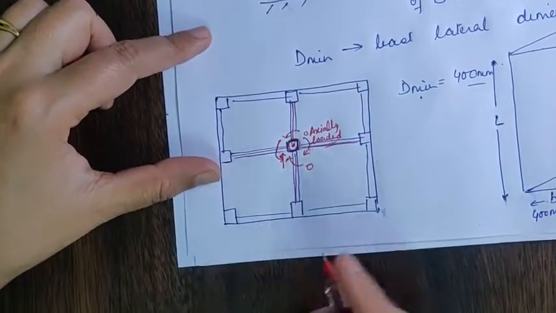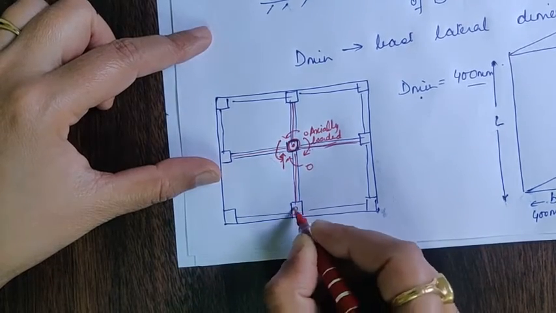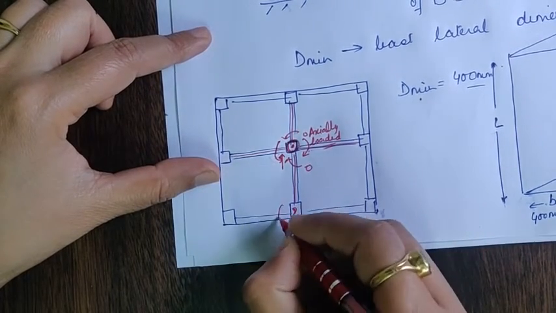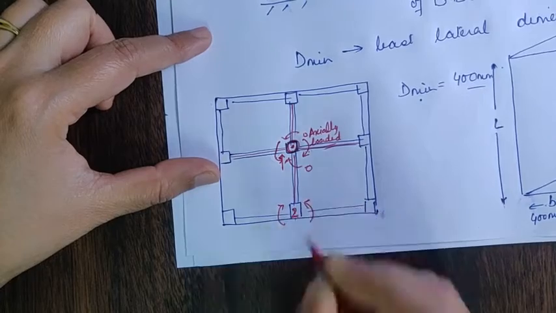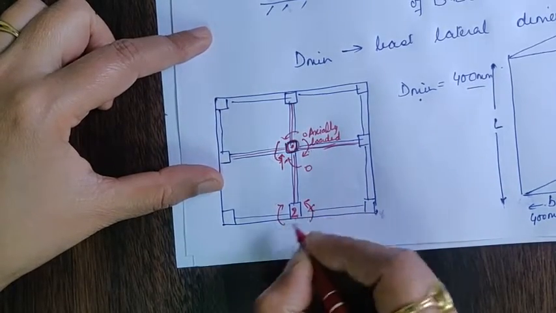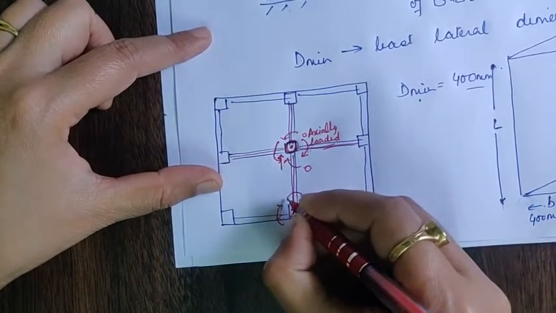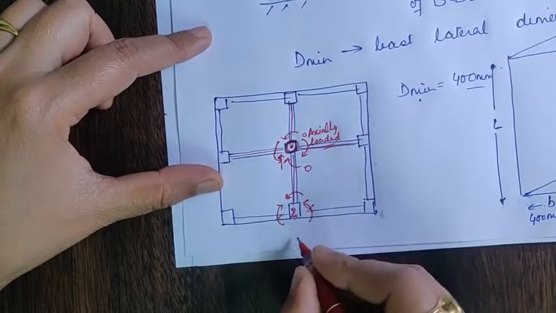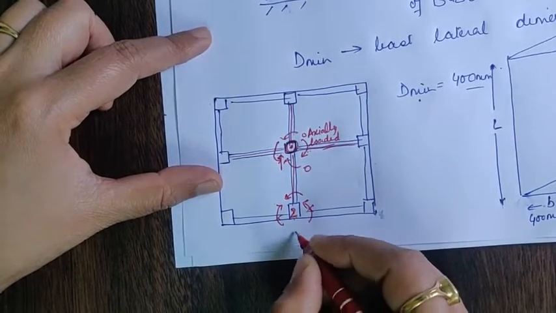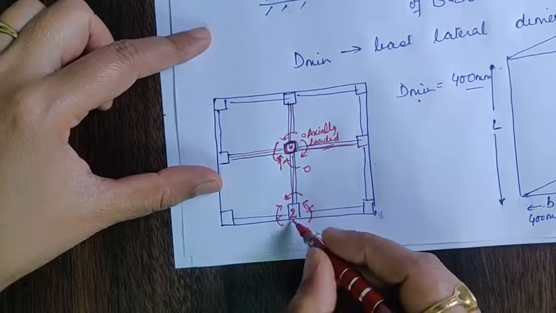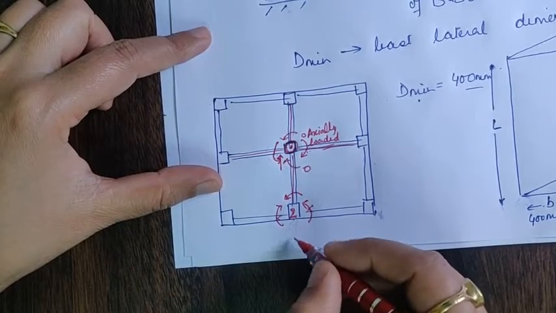Whereas consider this column number 2. Now this moment and this moment cancel each other. But the moment coming from this particular side will not be cancelled by the moment coming from this side, because there is no moment coming from this side.